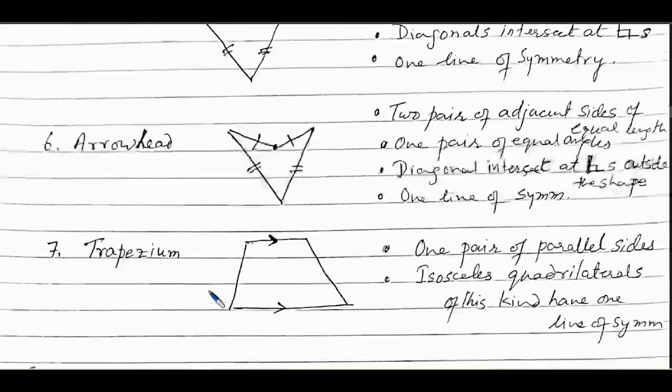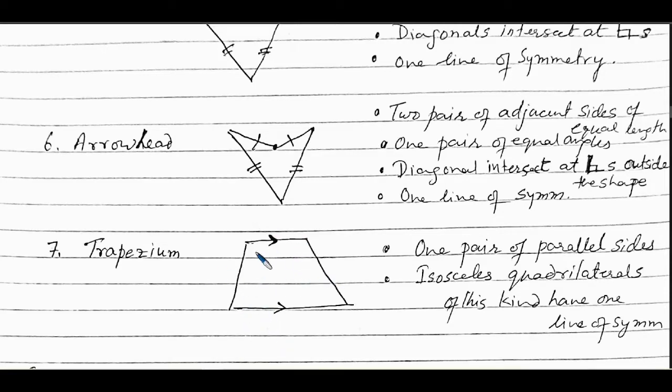And now trapezium. One pair of parallel lines, only one pair. These two are not parallel. Quadrilaterals of this kind do not have a line of symmetry, whatever you do.